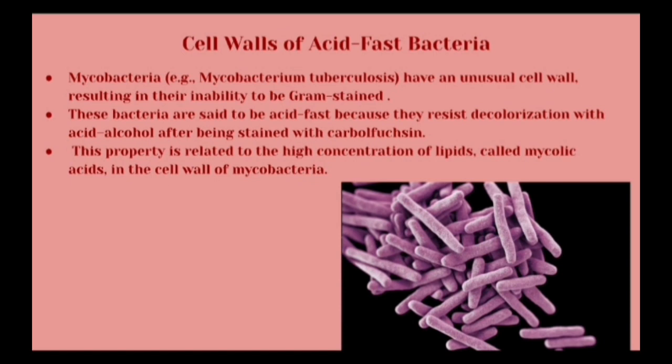The bacteria are said to be acid fast because they are resistant to decolorization by acid alcohol after being stained with carbol fuchsin. This property is related to the high concentration of a lipid called mycolic acid present in the mycobacterium. Mycolic acid prevents staining with gram stain, and the bacteria are very difficult to observe under gram stain. This is the main property that characterizes acid fast bacteria.